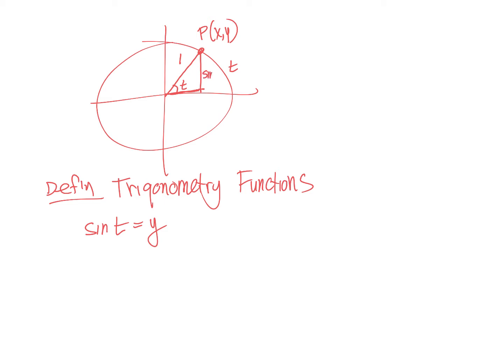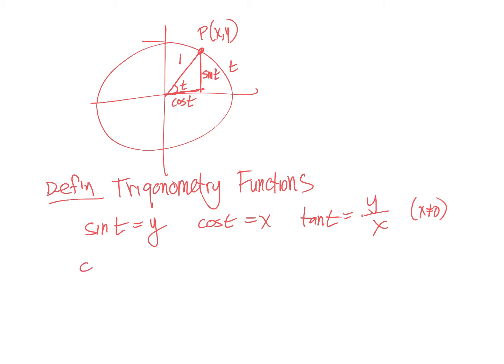So this is sine of t. Cosine of t is your x value. And tangent of t is your y over your x. And we're assuming that x is not equal to 0 because otherwise we'd be dividing by 0.